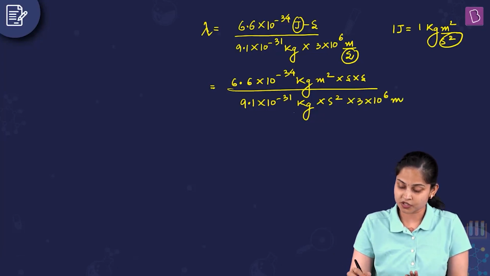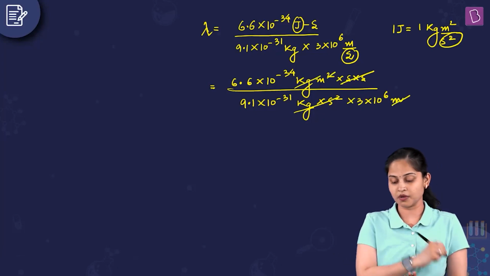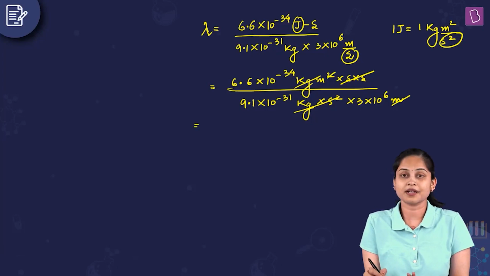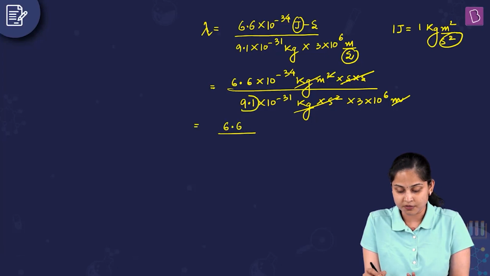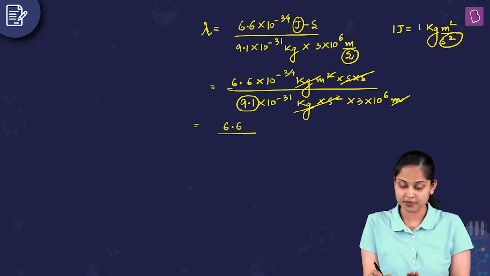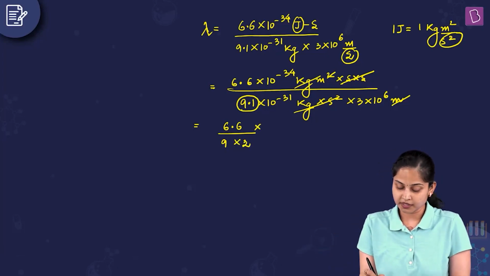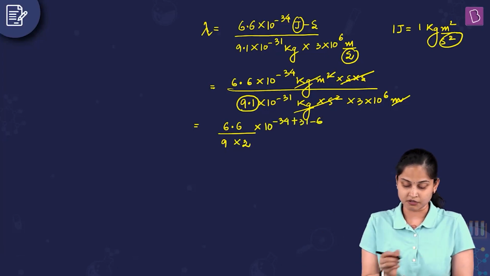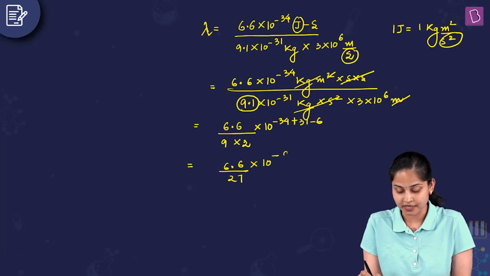Now kg second square cancels with kg second square, and meters cancel with the meter over here. So we are left with 6.6 divided by, let's approximate 9.1 to 9 only, so 9 multiplied by 3. Talking about the power of 10 terms, it will be 10 raised to power minus 34 plus 31 minus 6. So it's 6.6 divided by 27 multiplied by 10 raised to power minus 9.